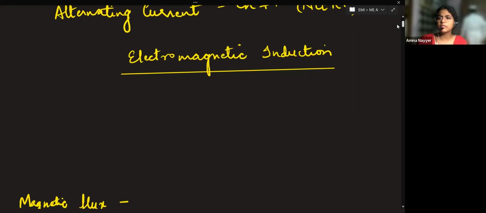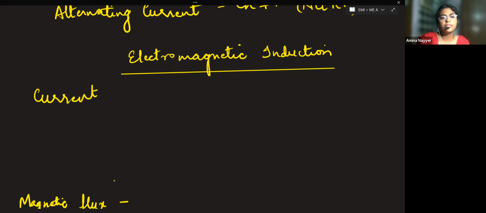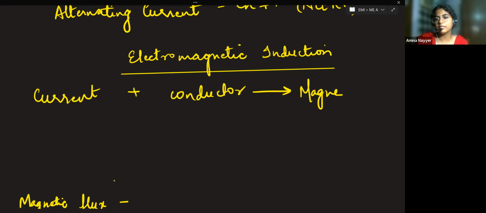If current is there in a conductor, then the current carrying wire produces a magnetic field. This was observed by all of us. How did the current carrying wire produce the magnetic field? What was the magnitude of that magnetic field? All those things we have covered. Magnitude, we have calculated with Biot-Savart's law. So we have covered all these phenomena.